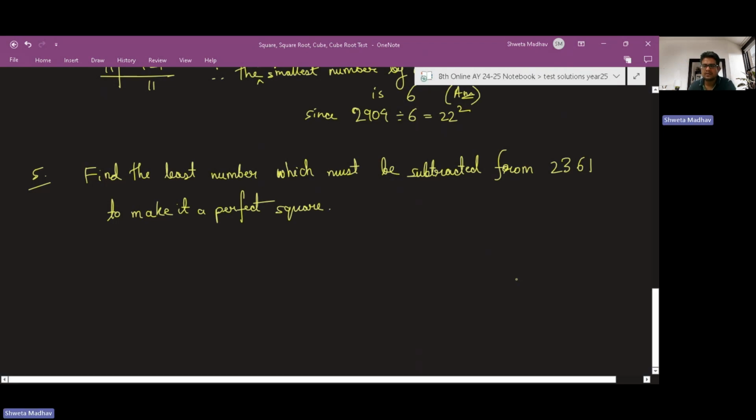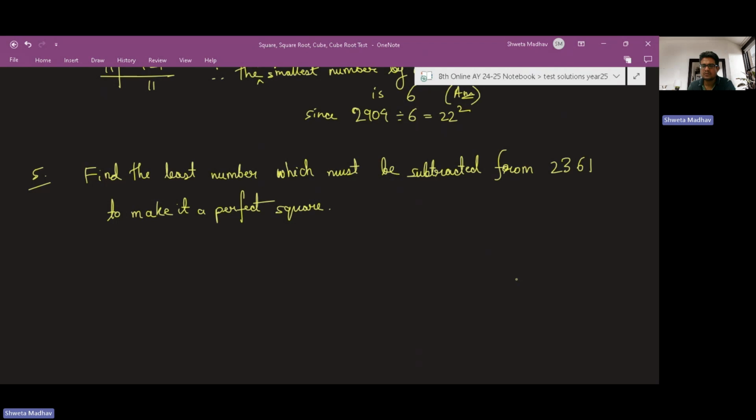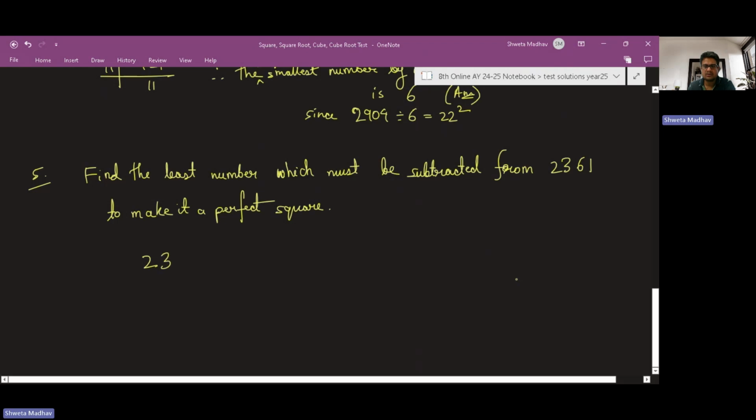So hence here we need to find the square root of 2361 by doing the long division method. So we will do the long division method to find the square root of 2361.